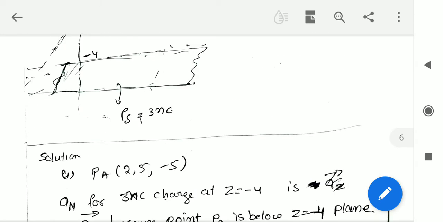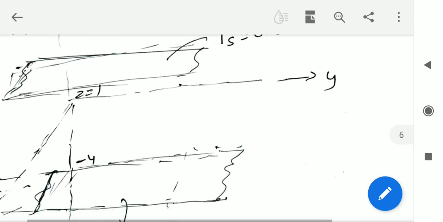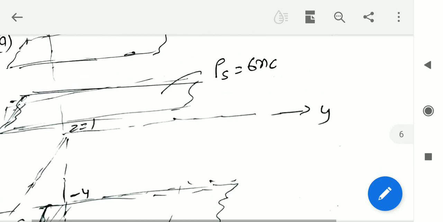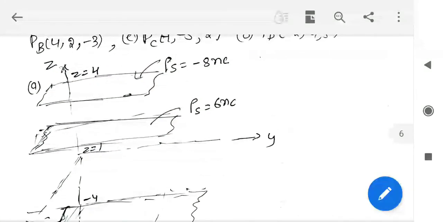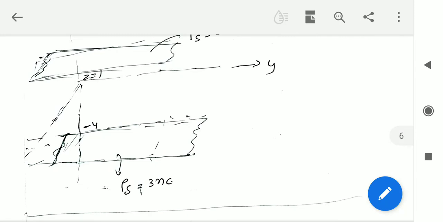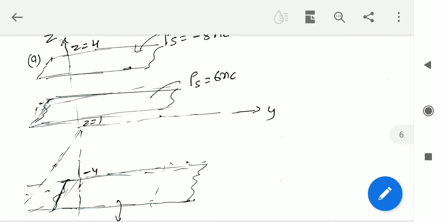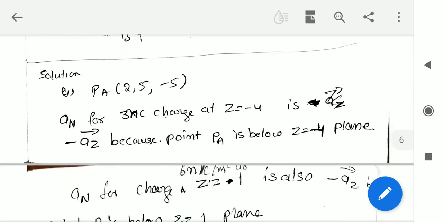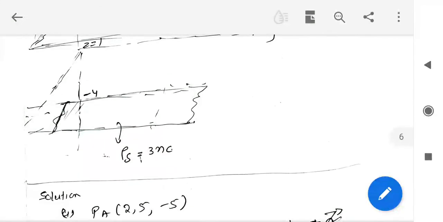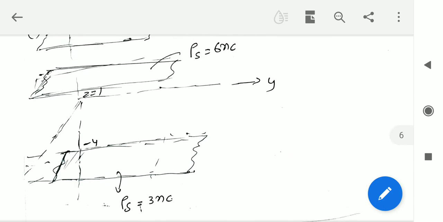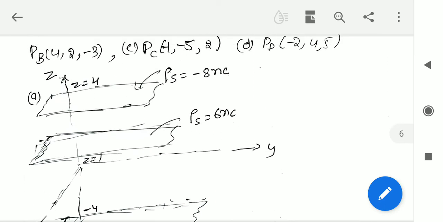So z equal to minus 3 means it is present above one plate and below the other two plates, because the last plate is present at z equal to minus 4 and the point they have given is present at z equal to minus 3. So our point is present below two plates and above one plate. It is above the 3 nanocoulomb plate and below the 8 nanocoulomb and 6 nanocoulomb plates.